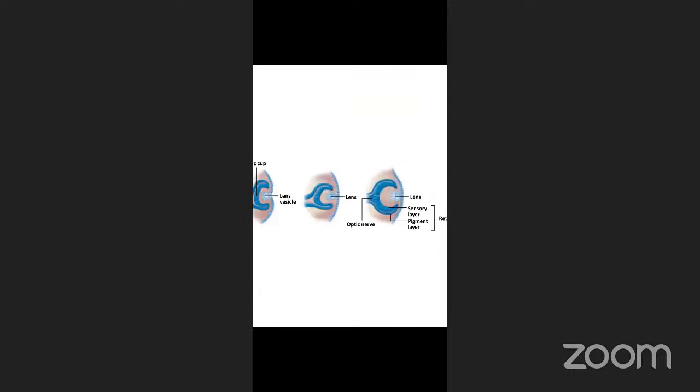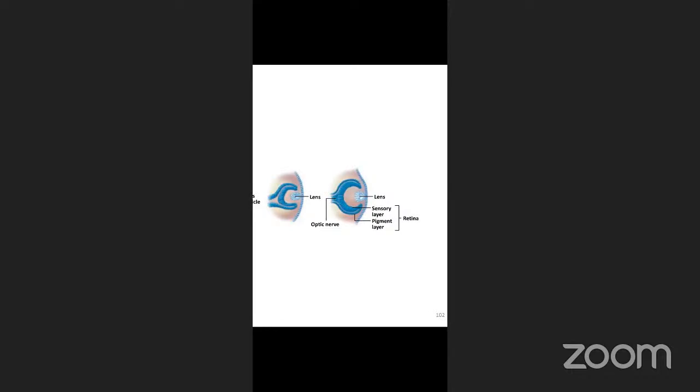From this optic cup, the optic nerve is developed, and then the lens, sensory layer, and pigment layer are all formed, and finally it will form the retina. So it is nothing but the lens cells influencing the forebrain cells to finally form the retina.